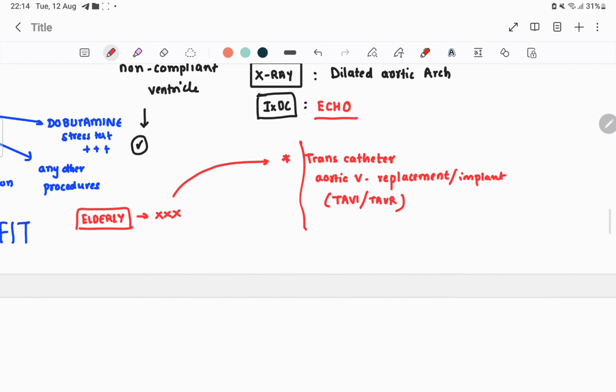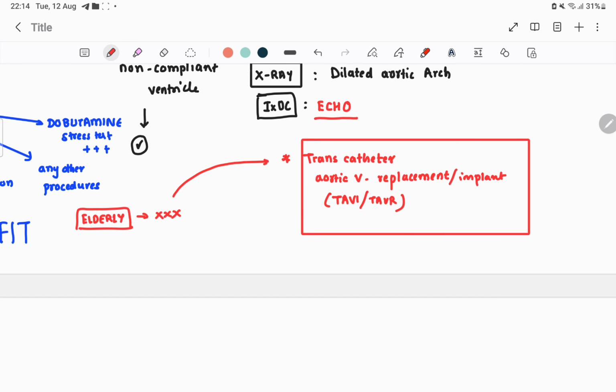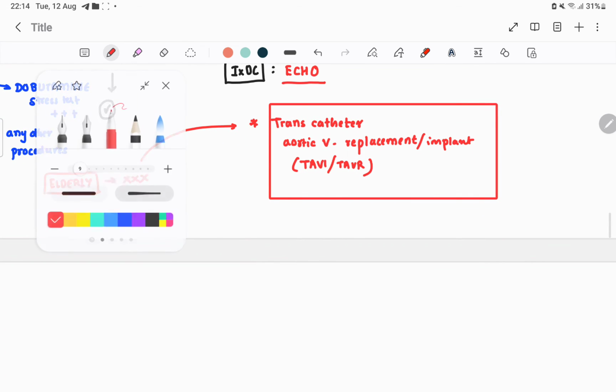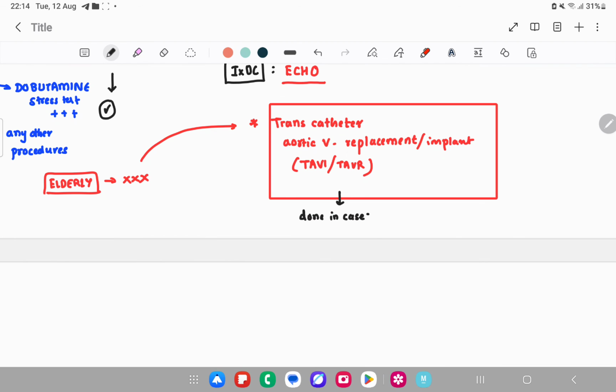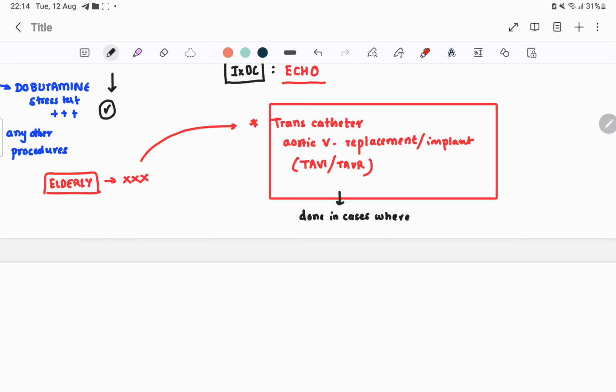This is a costly procedure, but it is done in cases where aortic valve replacement is contraindicated.